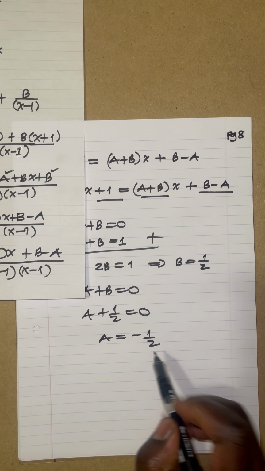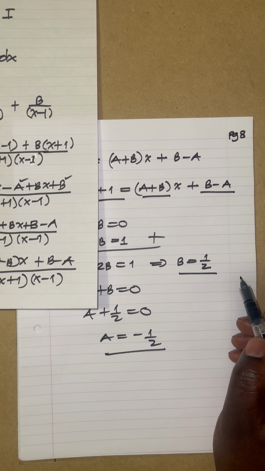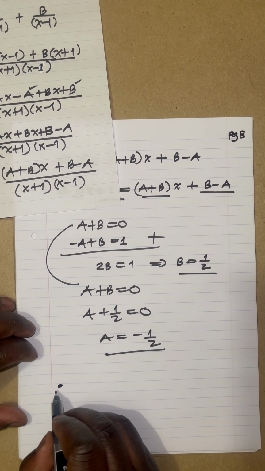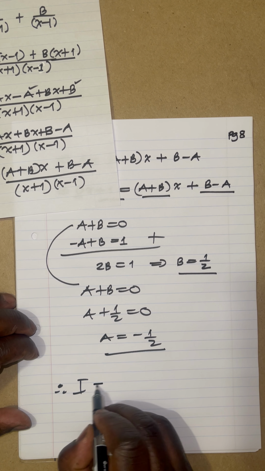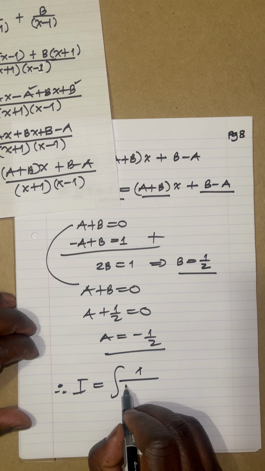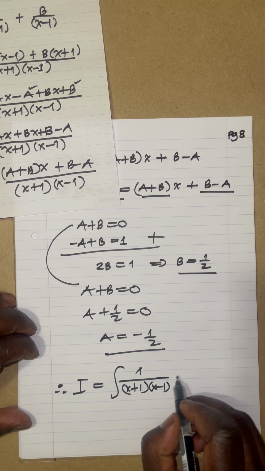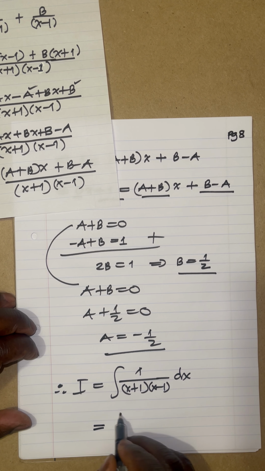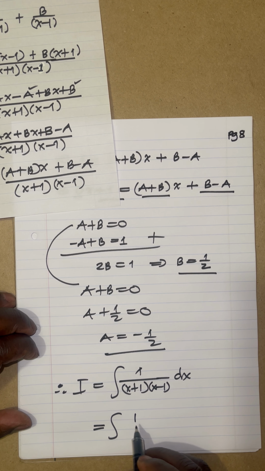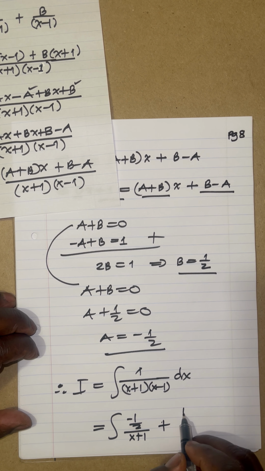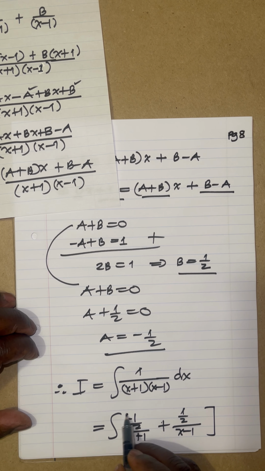You can see here, a is minus half and b equals half. So we're now saying, therefore, I, which is equal to the integral of 1 over x plus 1 and then x minus 1 dx, changes to the integral of minus 1 over 2 all over x plus 1 and then plus 1 over 2 all over x minus 1, dx, like that.